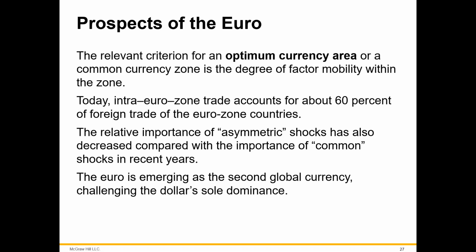And then the relative importance of asymmetric shocks has decreased relative to the importance of common shocks. So again, when you have a big economic area, shocks in small places will have a smaller effect. But if it was concentrated in a local currency, it might have been quite a bit bigger.